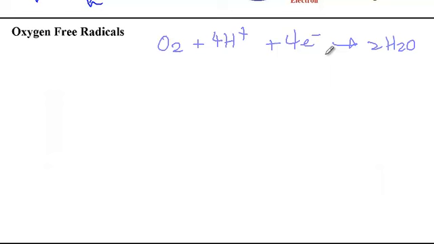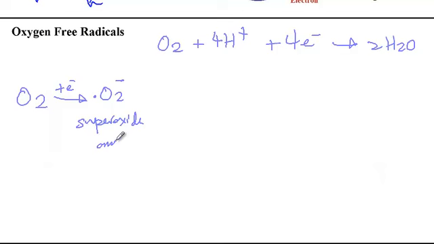But what happens when we don't get 4 electrons added to an oxygen? Oxygen-free radicals will be formed. So here we have an oxygen molecule. If we add only 1 electron to it, it will form a superoxide anion. If we add 1 more electron to it, it will form a hydrogen peroxide.